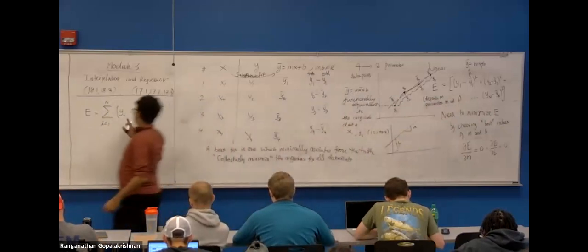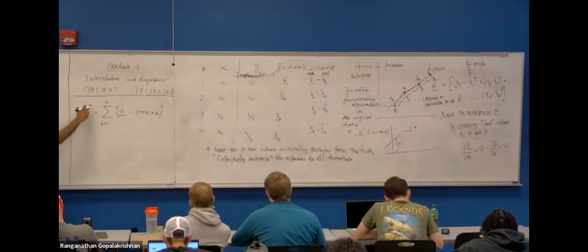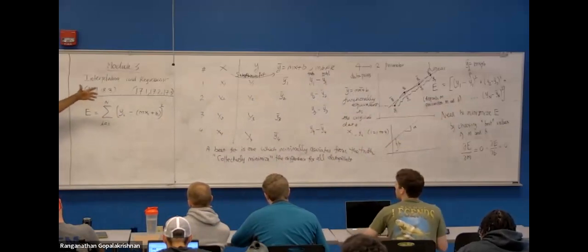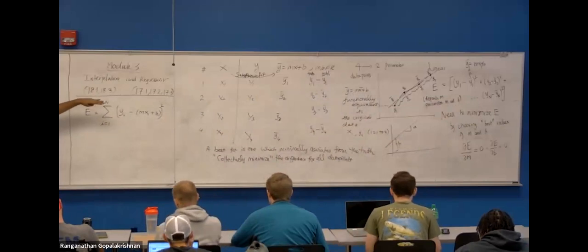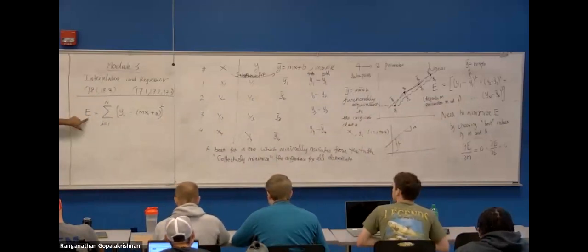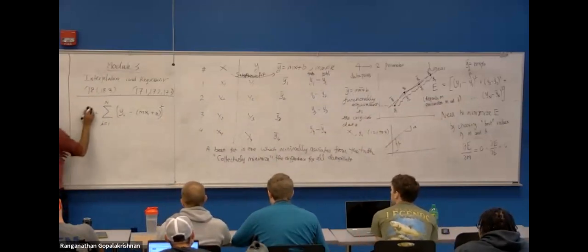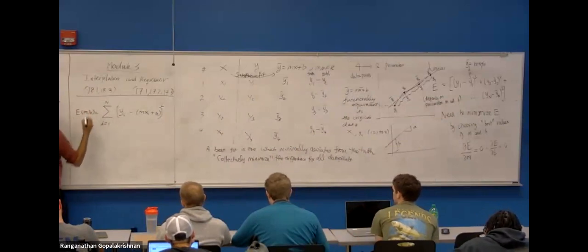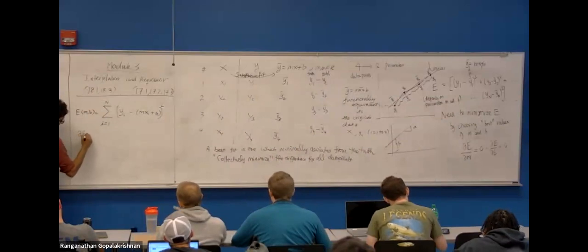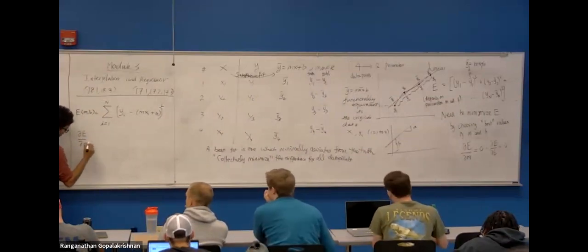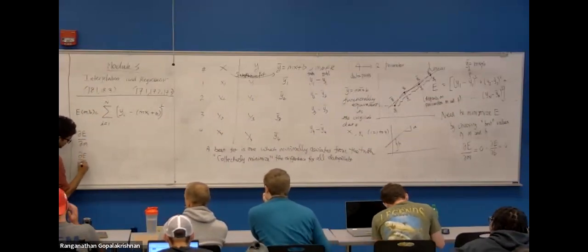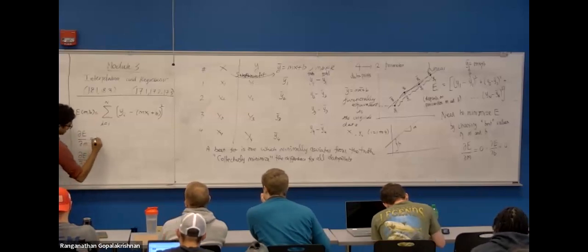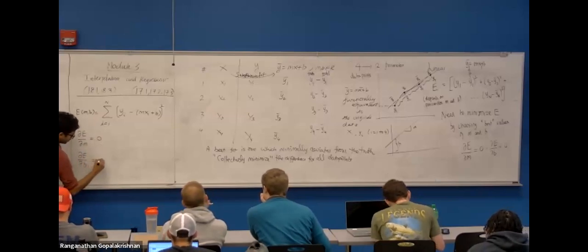Okay, i runs from 1 to n, and as you can see, I went from 4 to generalizing it to n. It doesn't have to be 4, it could be 40 for all we care, just generalizing. So this is your expression E, and to make it very explicit, I'll write it as a function of m and b. I want partial E over partial m and partial E over partial b, and I want to equate those to 0.